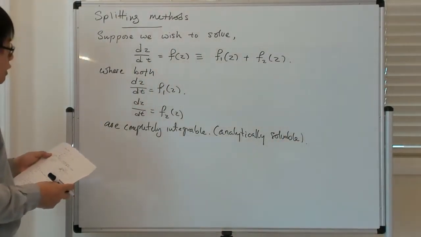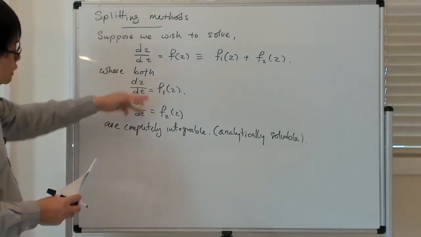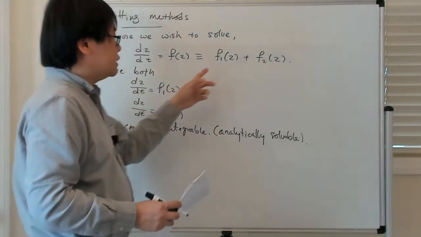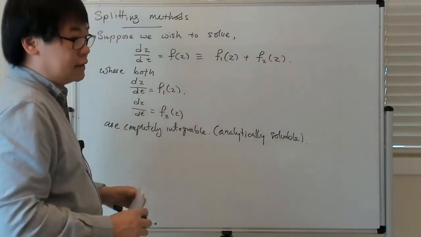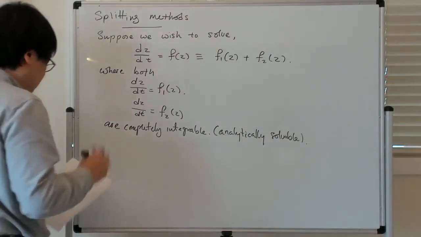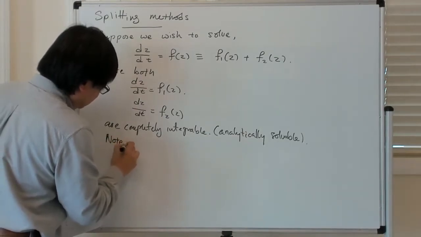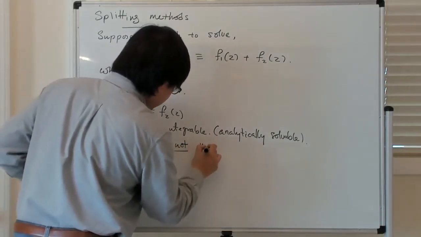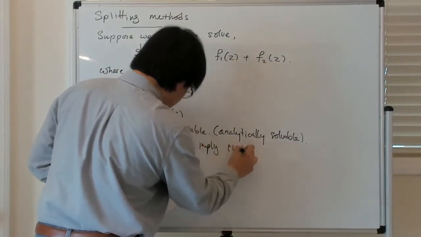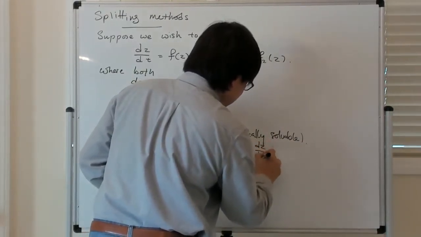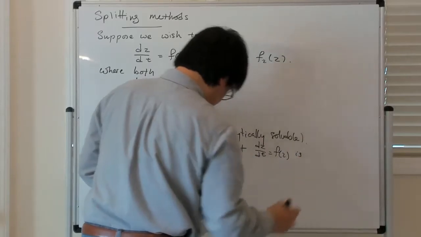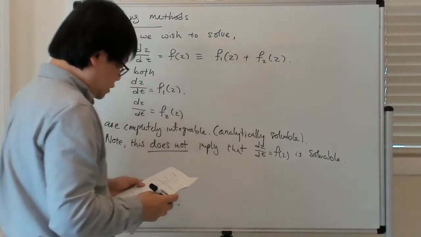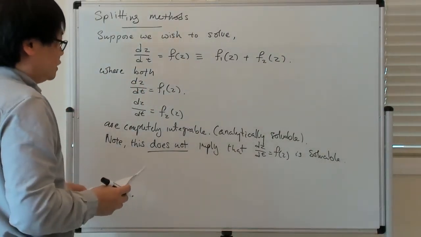So, of course, it is important to realize that just because these individual vector fields are completely integrable, analytically solvable, does not mean that the sum of those two vector fields is completely integrable or analytically solvable, right? So, note, this does not imply that dz/dt equals f of z, right, is solvable. Okay. All right. So that's the setting which we want.